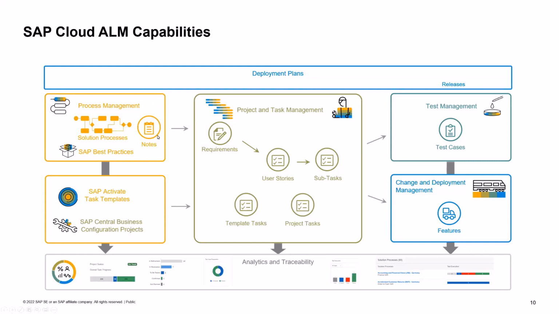We can draw comments to those processes, and supporting now the product implementation, we have SAP Activate with predefined tasks. And as we do standard implementation in the SAP Cloud ALM area, we can predefine those template tasks very well, because standard implementation means every customer has the same tasks, so we can easily predefine.